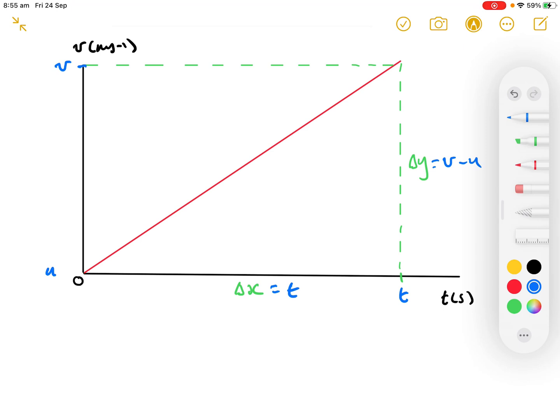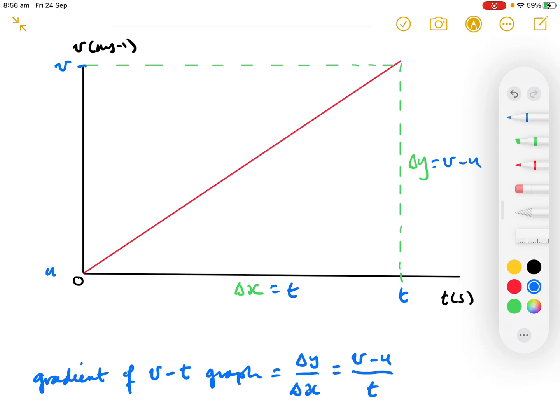So when we get the gradient then of this graph, and it is a constant gradient, so this is a VT graph, well, it equals the change in y over the change in x. That's what you'd say in maths. But in this case, that's v minus u divided by t, which I hope you recognize is the acceleration of the body.